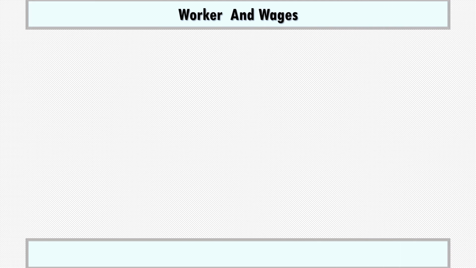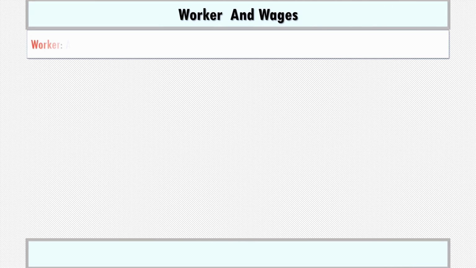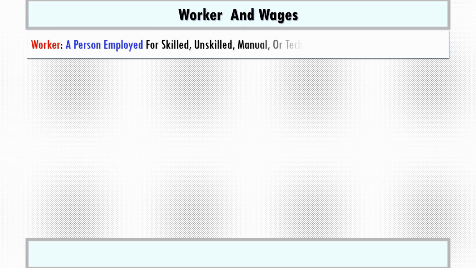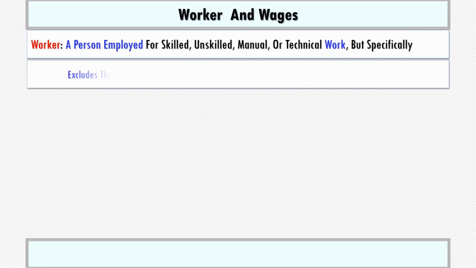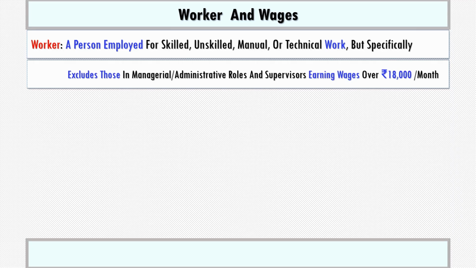The code defines the term worker as a person employed for skilled, unskilled, manual or technical work, but it specifically excludes those in managerial or administrative roles earning wages in excess of rupees 18,000 per month.